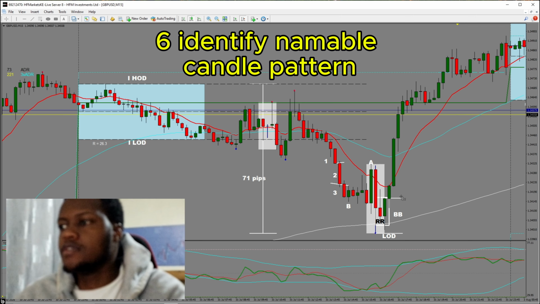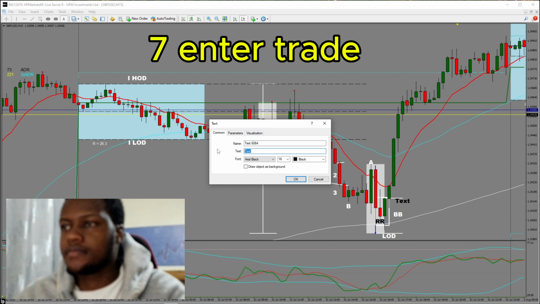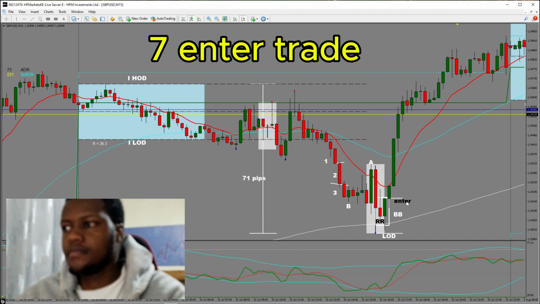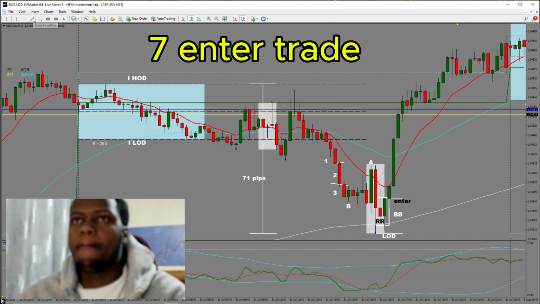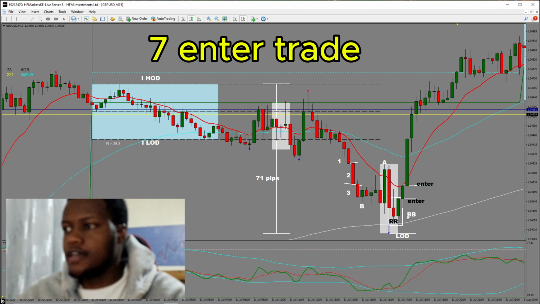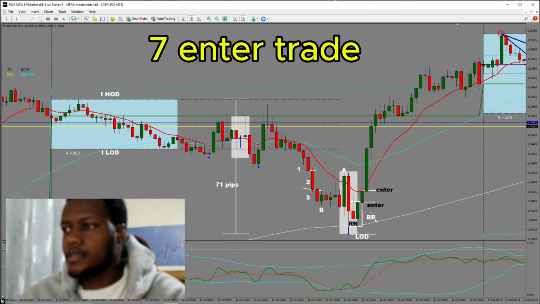You have two entries on this. Or you can wait for the close above the 13 EMA and enter right there. Which now will give us back above the 13 EMA.